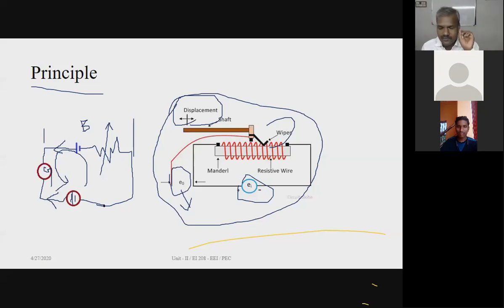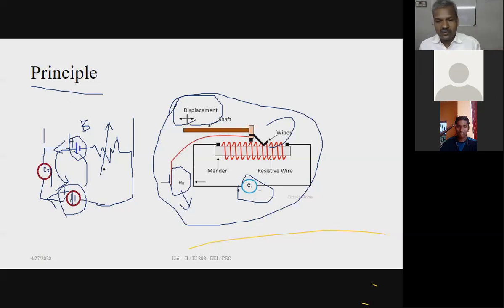An important point to note: the terminals of the battery and of the unknown or standard cell should be in the same direction, so positive is here and positive here, negative here. So the basic principle of the potentiometer is opposing of 2 EMFs, one known EMF and one unknown EMF.